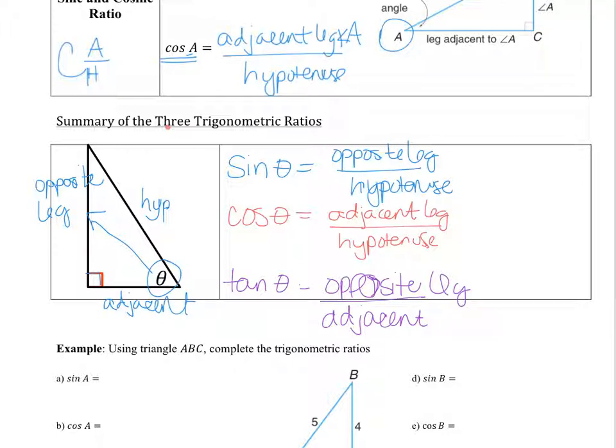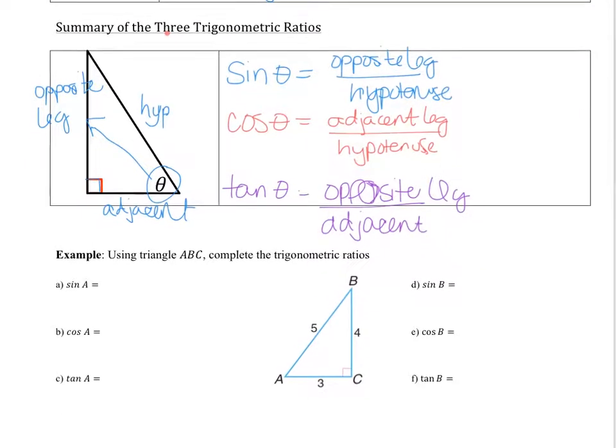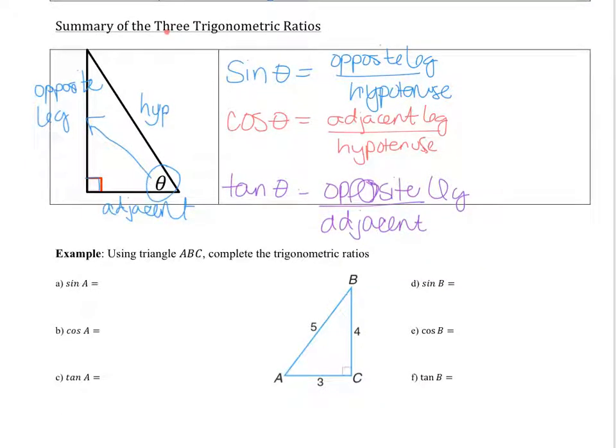Alright, so when I'm thinking about sine, cosine, and tangent, I use something called Sohcahtoa. So Sohcahtoa is just a quick way to remember what we've got. S-O-H-C-A-H-T-O-A.